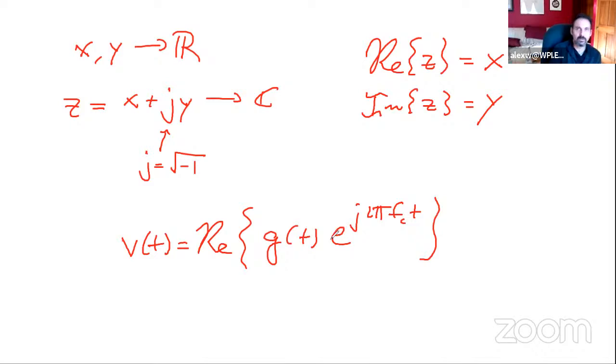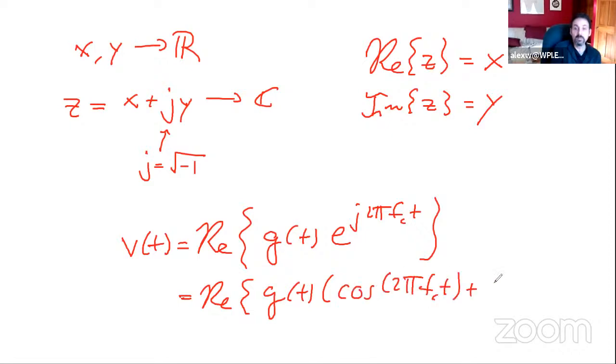So remember, at the beginning of this course, I was always saying Euler's relation, Euler's relation, Euler's relation. This is exactly where you bring in Euler's relation. So what you do is you do cosine 2 pi fc of t plus j sine 2 pi fc of t.